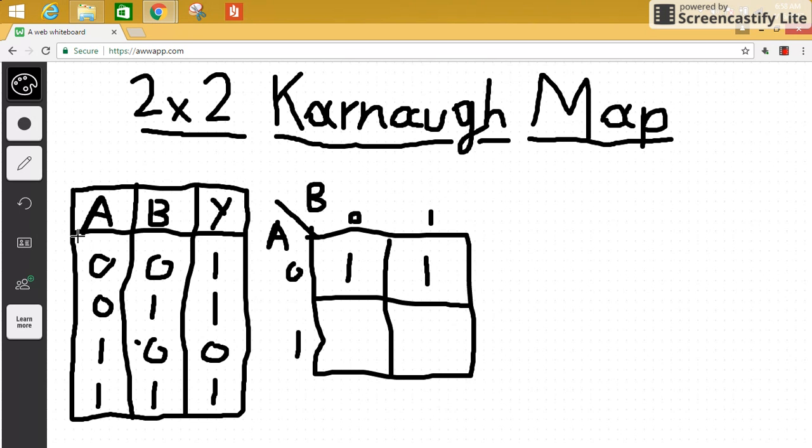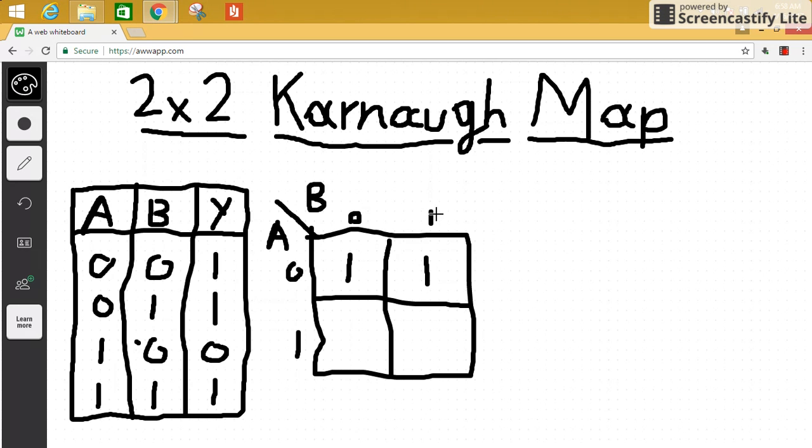For the third case, A equal to 1 and B equal to 0, we have an output of 0, so we write the 0 here. Although as a general rule, it is recommended not to write all the zeros, so you're just gonna remove this 0. Moving on, for the fourth case, A equal to 1, B equal to 1, we have Y equal to 1.